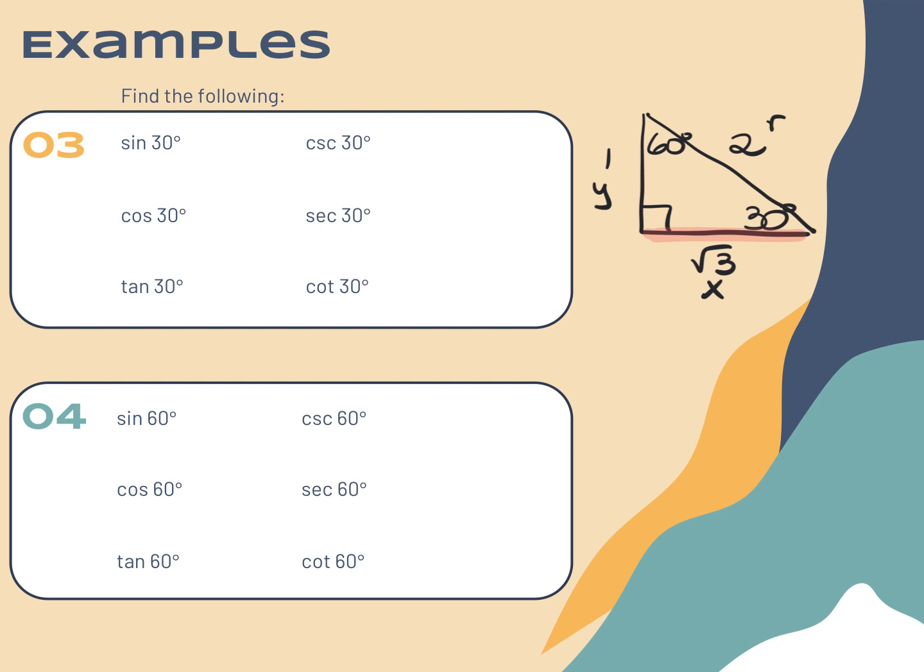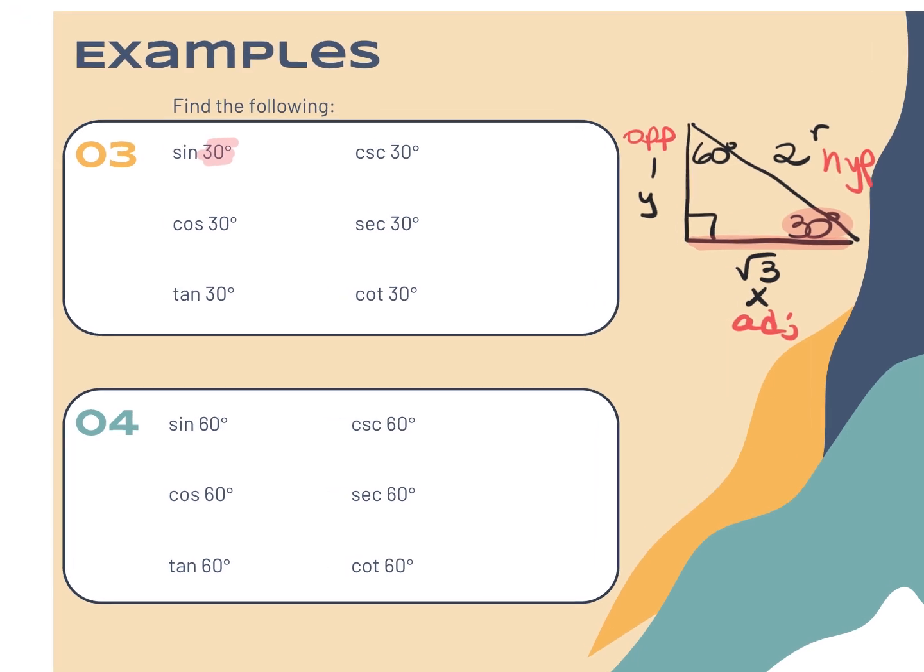So let me go ahead and label my sides in relation, because all of these questions want the 30-degree angle. So let me label my sides based off the 30. Over here, this is going to be my opposite. This is going to be my adjacent side. And this is going to be my hypotenuse.